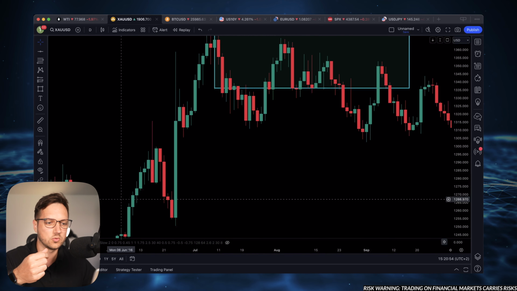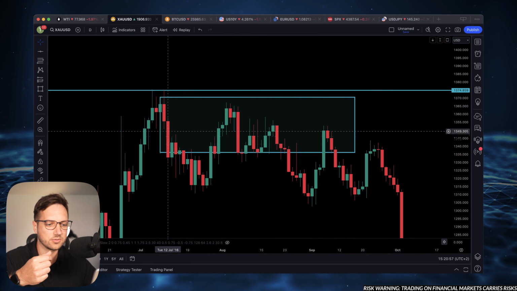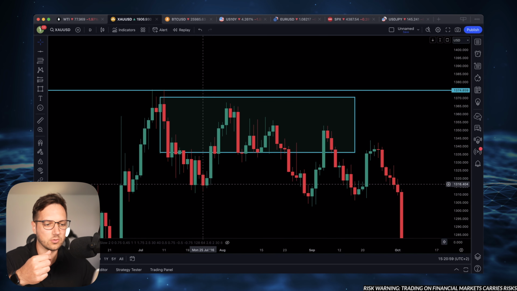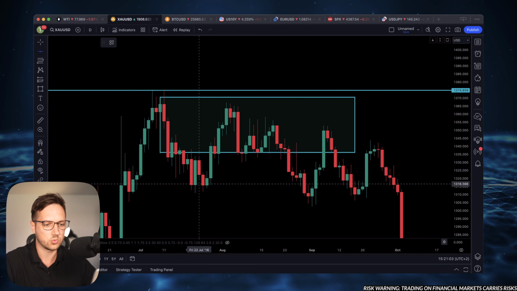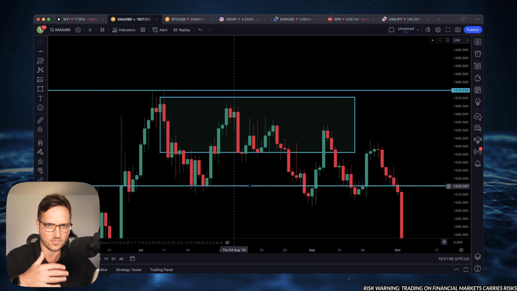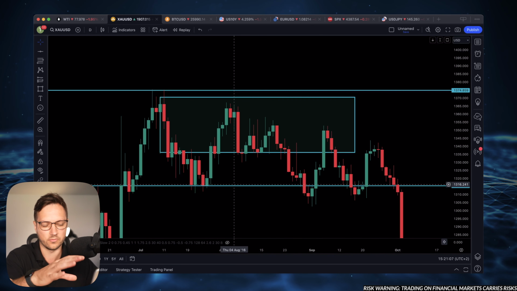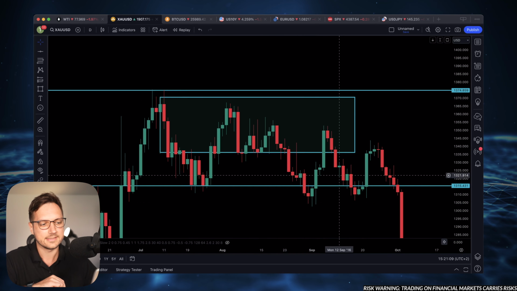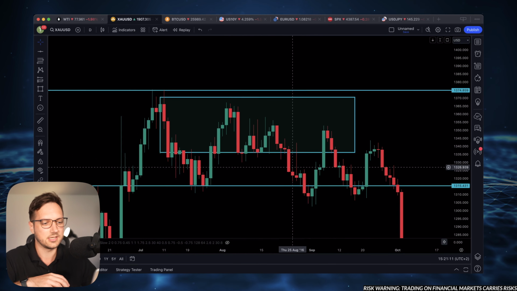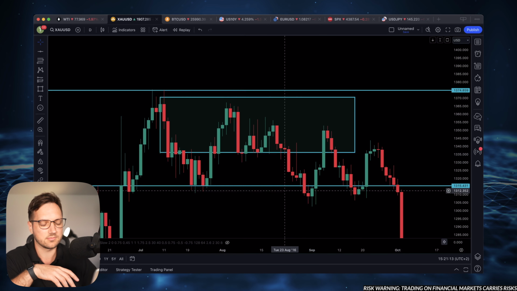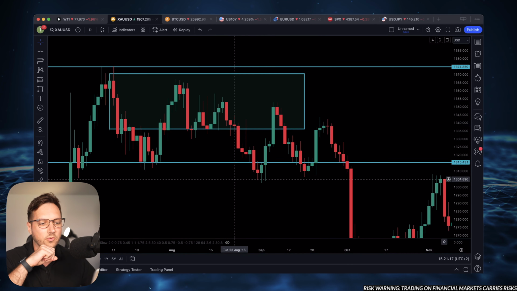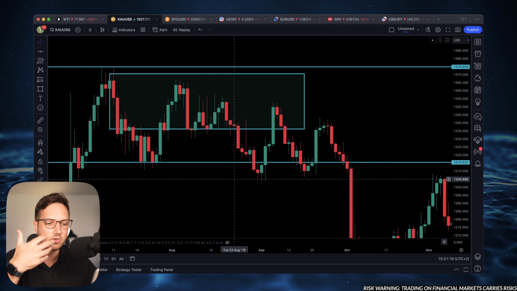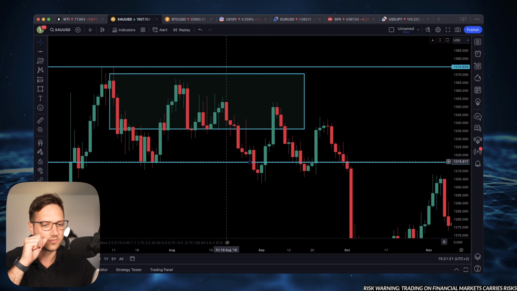It moved to the upside, we bounced from here, we made the low over here, and this is where we are looking for the lower border of this consolidation zone, this distribution or accumulation, whatever you want to call it. And so we are looking for a breakout of this level over here.